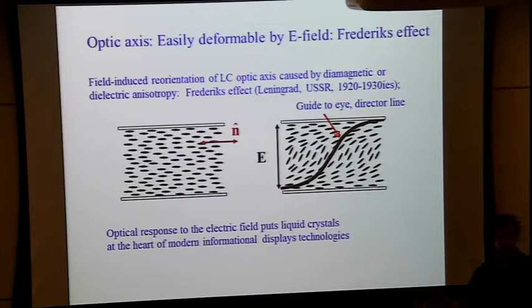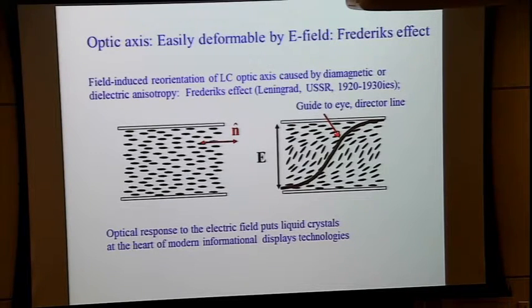And because of this, liquid crystals are extremely sensitive to external fields. You take a magnetic field or an electric field and apply it to the liquid crystal. The liquid crystal tries to realign in order to minimize the energy of interaction between the anisotropic dielectric permittivity and the direction of the electric field.